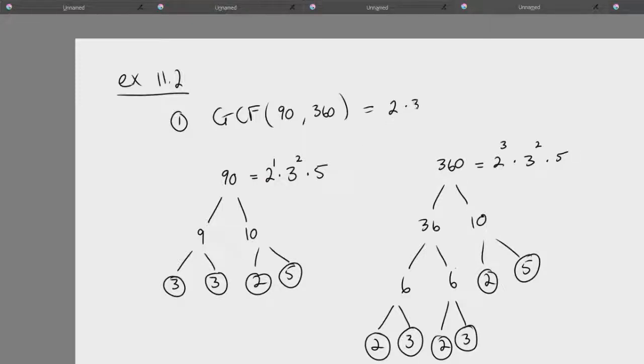I can use a 3 because it's common to both. How many 3's can I have in here? Only 2, because 90 only has 2 3's, and 360 also only has 2. So both of them would be happy with 2. I can also use a 5 because 5 is common to both. How many 5's? Just 1, otherwise it won't fit into these guys anymore.